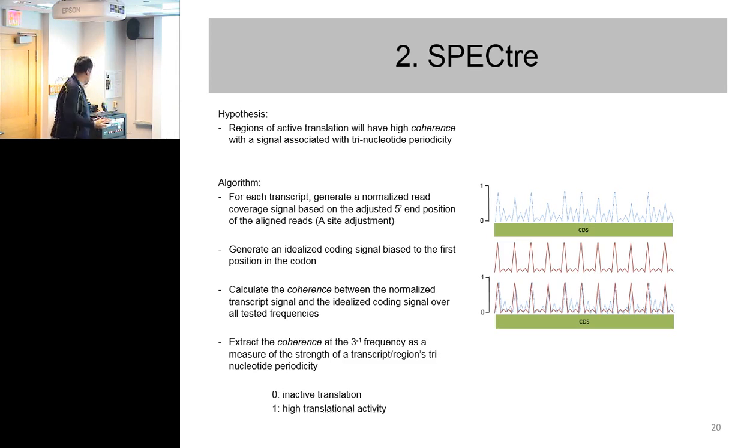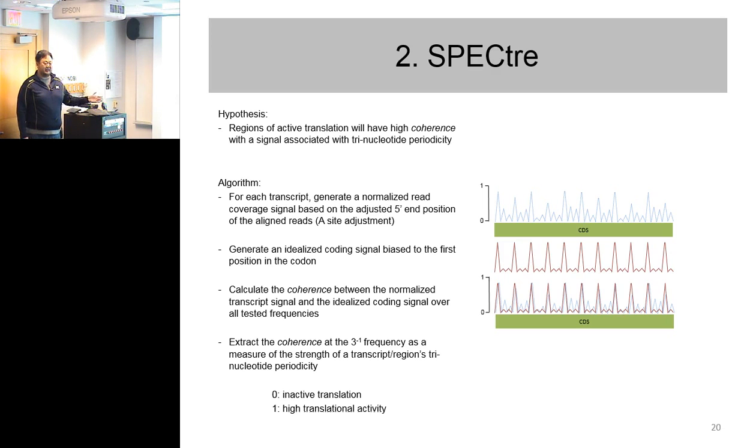So do you get your idealized coding signal, you just made it up, or you get it from the data itself, of the coding? So we've done it both ways. One of the reasons why we got away from taking it from the data itself is one of the inherent problems of the Floss algorithm: it's highly dependent on the read distribution you get following your size selection.